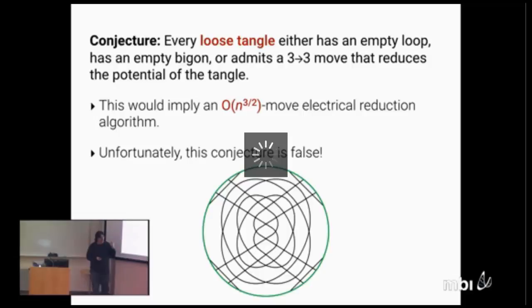Unfortunately, this isn't true. There are tangles where there are no positive moves. Okay, sorry, that didn't work.